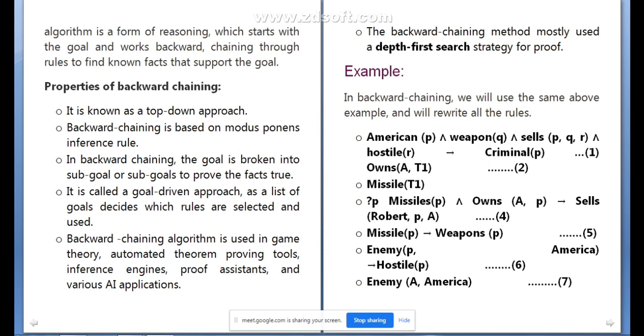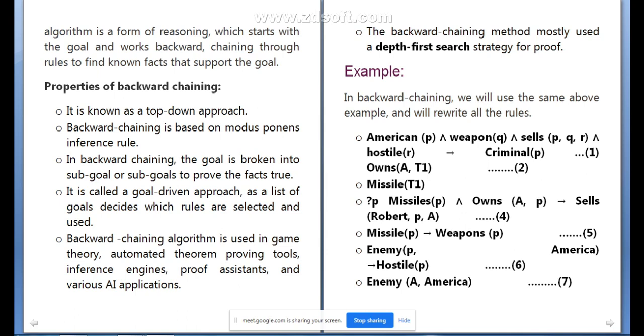So in backward chaining, the goal is broken into sub goals and the sub goals are used to prove the facts true. Means we start from the goal, divide that particular goal into sub goals, and try to prove the facts are true.